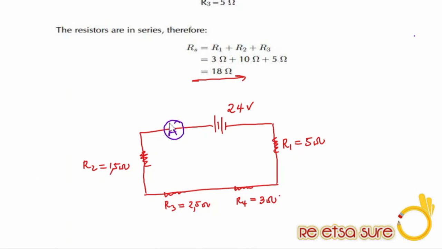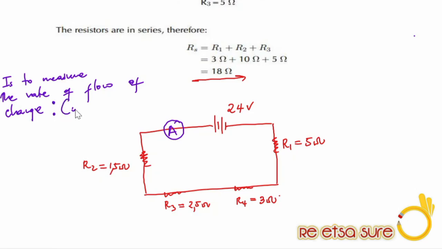Remember that the function of an ammeter is to measure the rate of flow of charge, which is current. How many resistors are here? We have 1, 2, 3 and 4. All the resistors are connected in series. Why am I saying this?